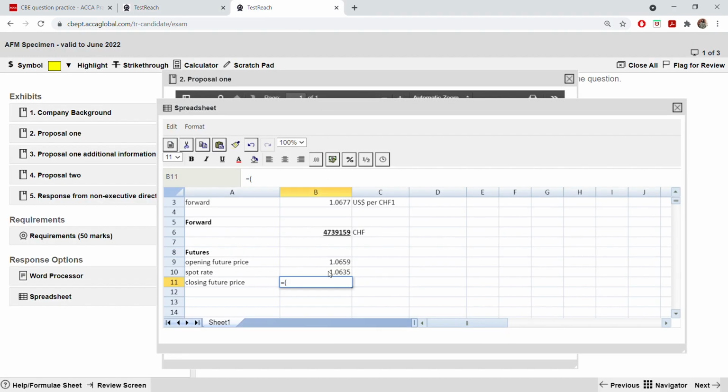So the formula is spot rate plus, again another bracket, the difference between spot and future. Opening future minus closing future, close bracket, multiply this by 4 over 6.